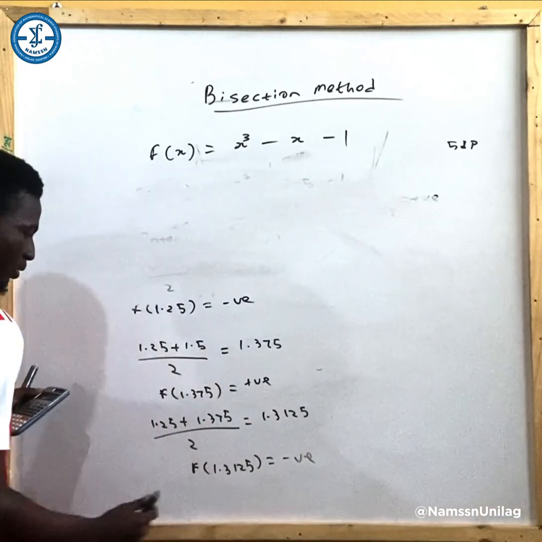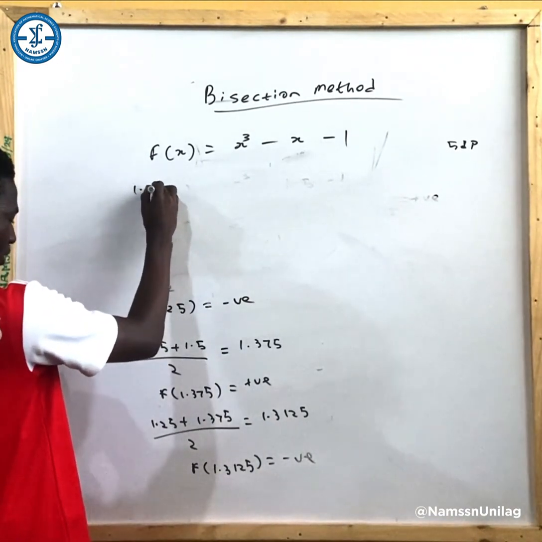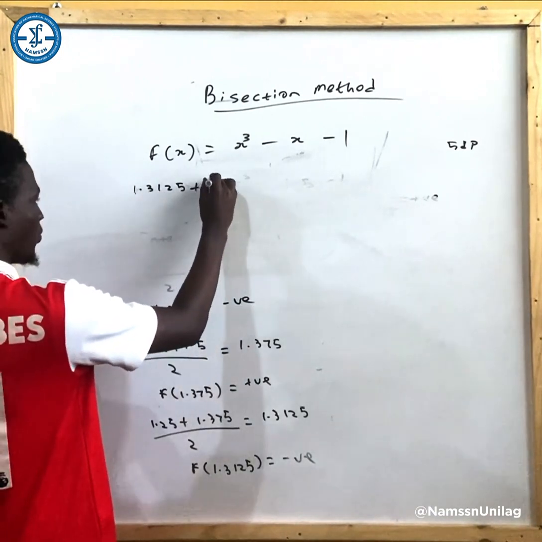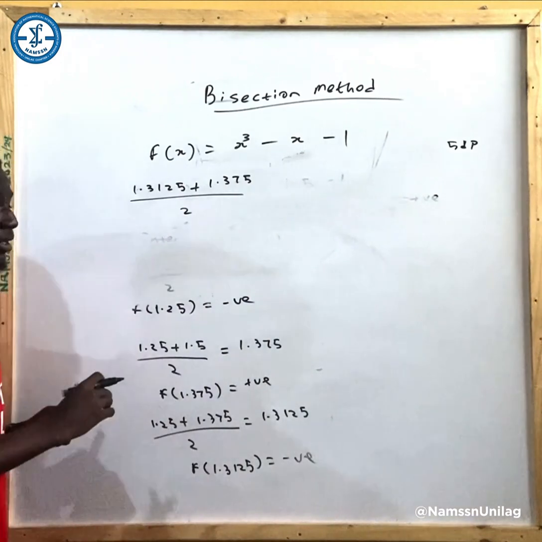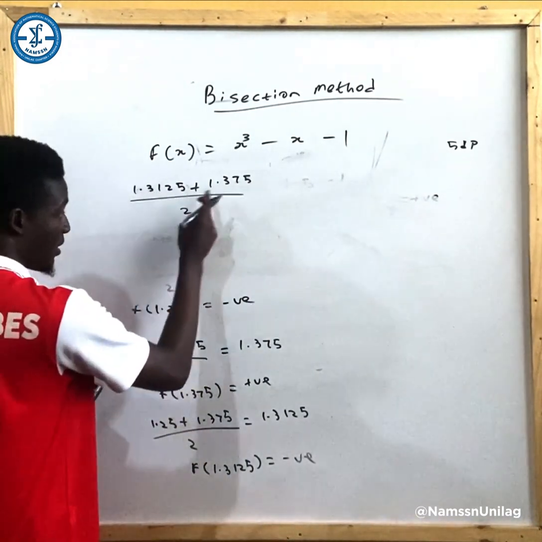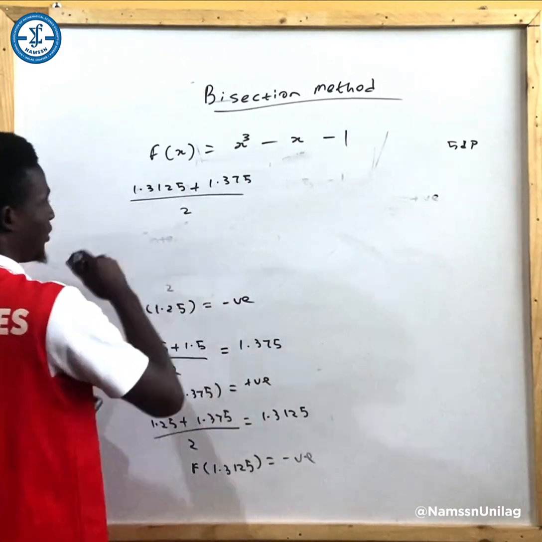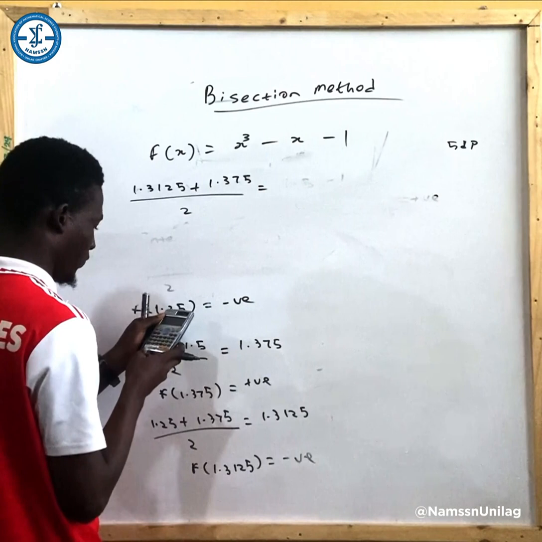So I'm replacing it with 1.25. So I have 1.3125 plus 1.375. As I'm doing this, I notice that these two are converging. So the first decimal place is 3. So you would continue.